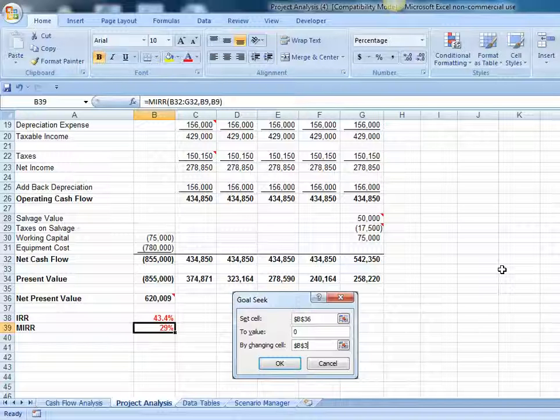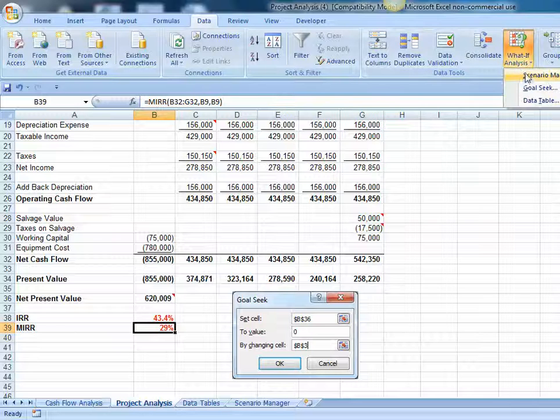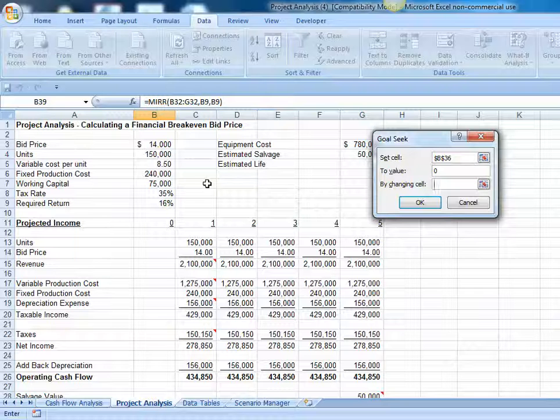Now to calculate our financial break-even, that was where our net present value was equal to 0. We're going to find our minimum bid price. So again, we're going to use our goal seek function. So click on data, what if, and we want goal seek, and we want to set cell 36, that's our net present value, to 0 by changing our bid price.